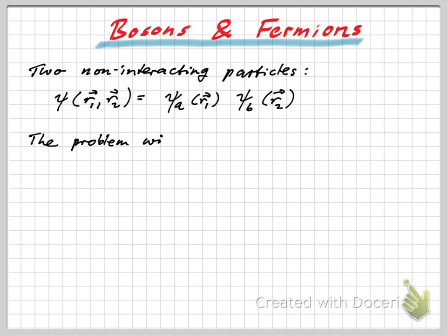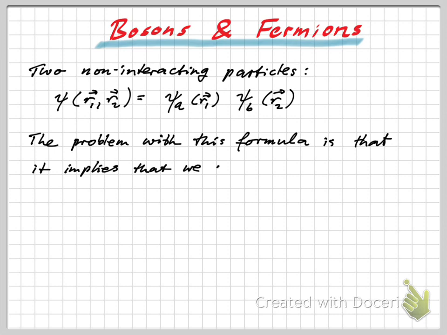Now the problem, though, with this two-particle wave function is that it implies that we can distinguish the two particles. We can say that the first particle is in state psi sub A and the second particle is in state psi sub B. So I'm basically tagging the particles and distinguishing them by their number 1 and 2.